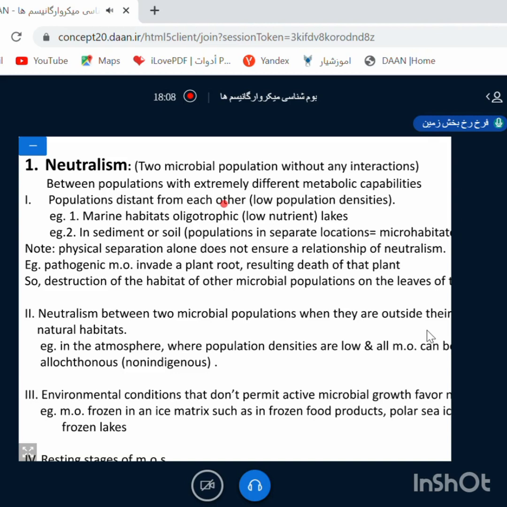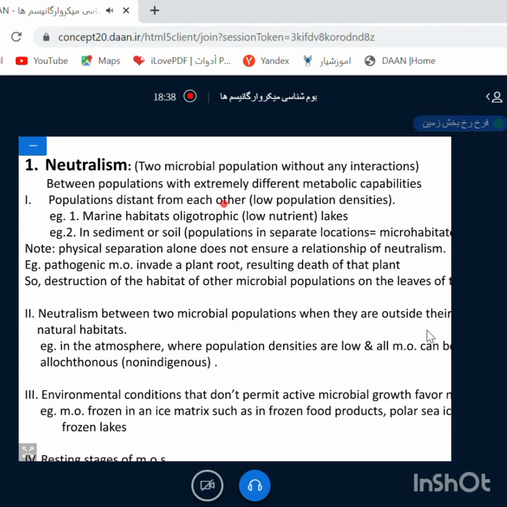As much as they are far, for example, two sisters living in one home have more interactions than two sisters in two different countries. As much as two persons go far from each other, their interactions minimize. But it is not 100%.